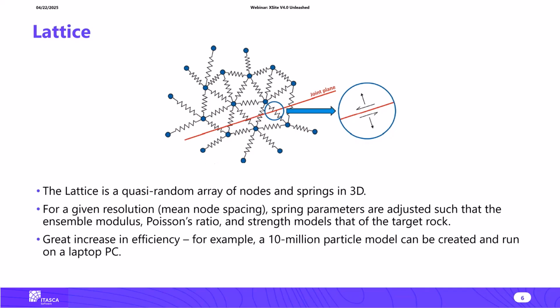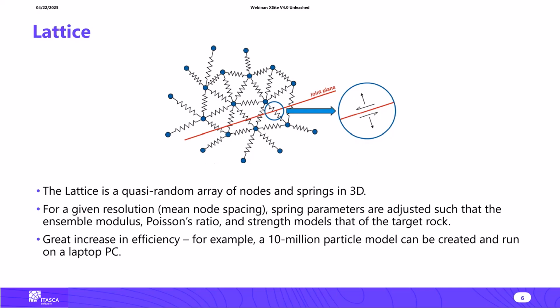So internally, lattice or XSite executes the calculation in terms of deformation and failure of these springs. However, the properties of the springs, which sometimes don't have physical meaning, are automatically calculated or calibrated to match typical engineering properties that we are used to working with, like Young's modulus, Poisson ratio, tensile strength, or toughness.